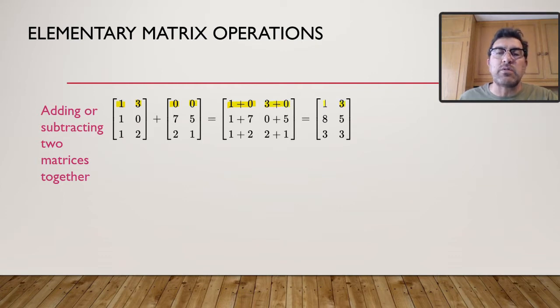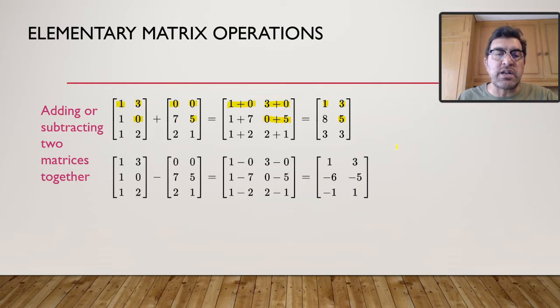The 1 plus 0 is a 1. Just look at this entry here: 0 plus 5 gives us a result of 5. So those two are added to lead to that, and 3 and 0 are added to lead to that entry.